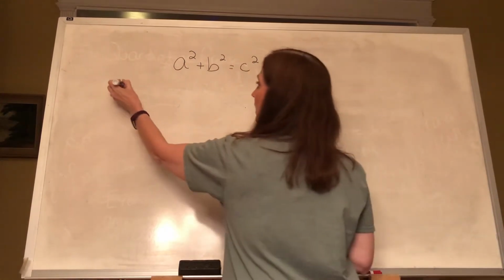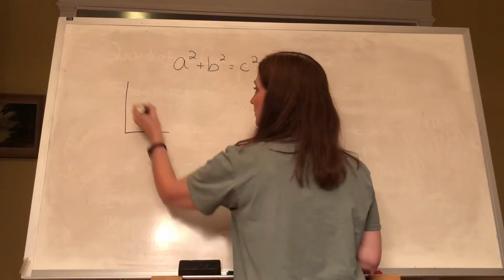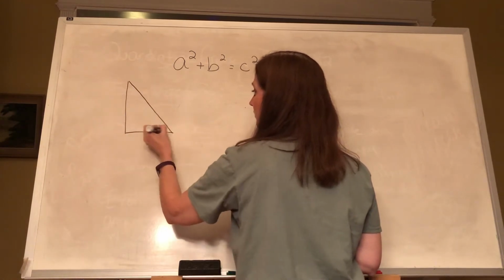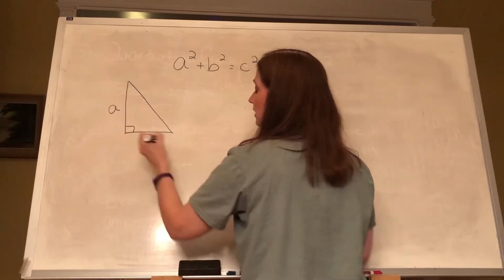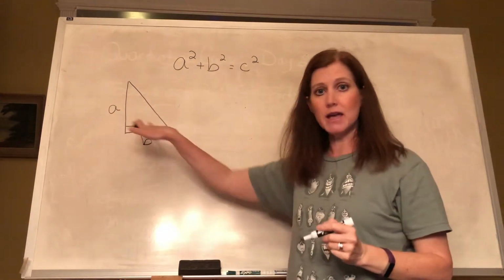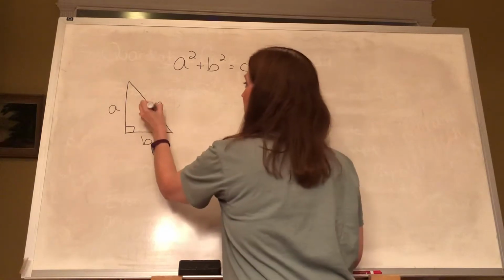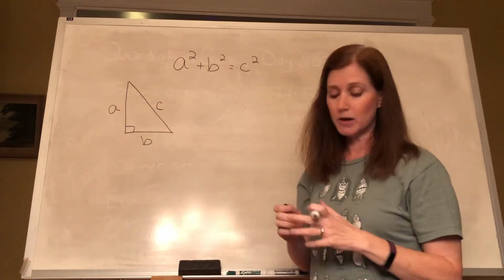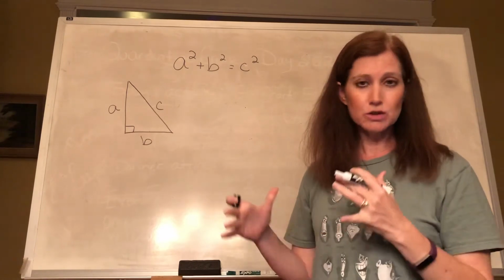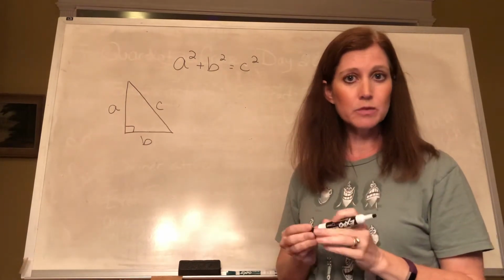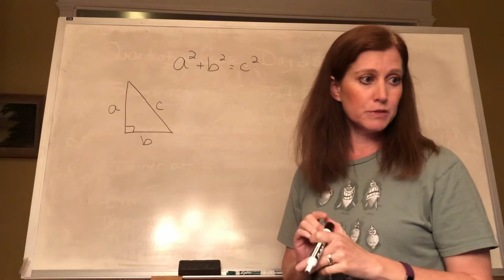It's looking at a right triangle where the legs of the triangle are the A and the B, and the hypotenuse is the C. We're just looking at using the Pythagorean theorem to solve some problems.